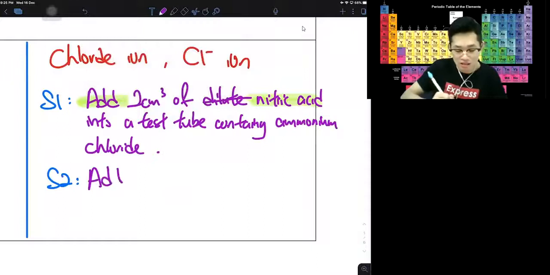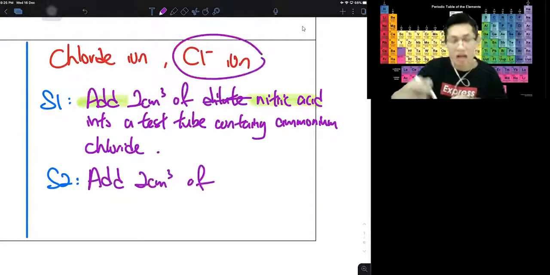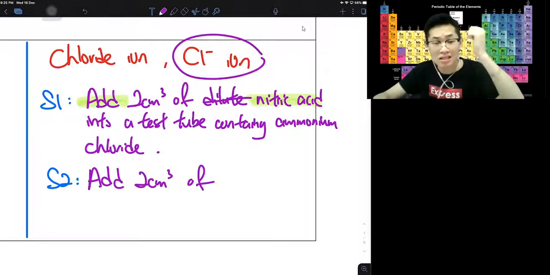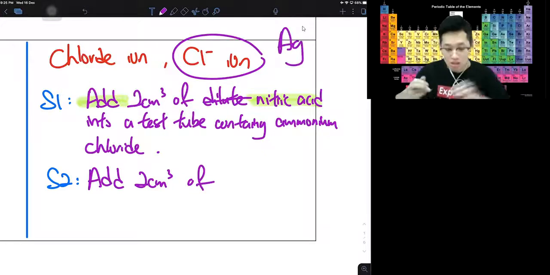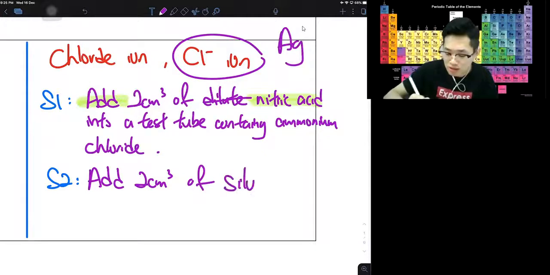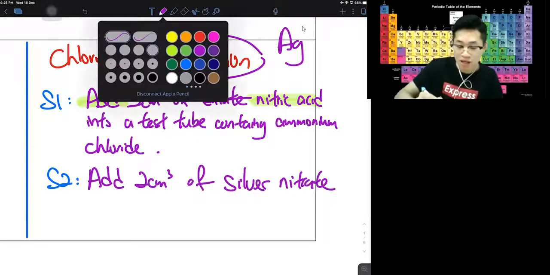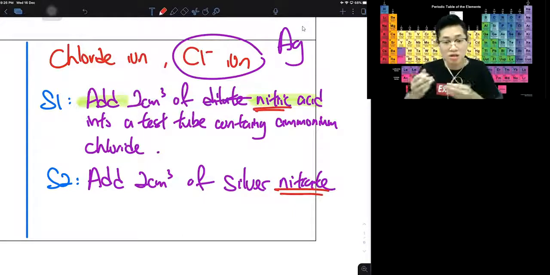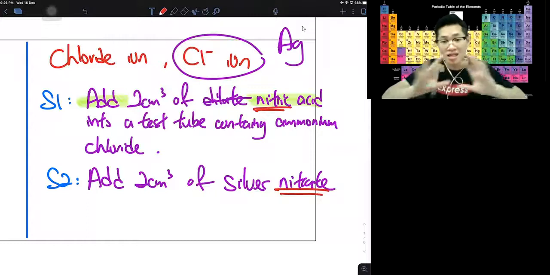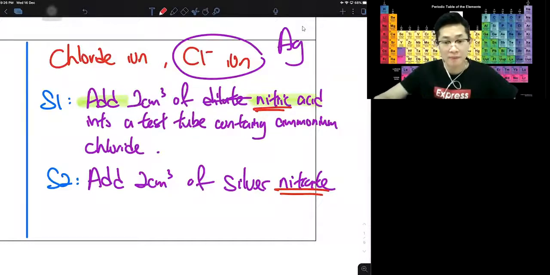Step 2, change the sentence a bit. Add 2 cm cube of chloride, Persatuan Agama Hindu, Ag. So 2 cm cube of silver nitrate. Here you will start to realize everything I use is nitrate, because when you use nitrate, everything is soluble. You cannot use anything that is insoluble.